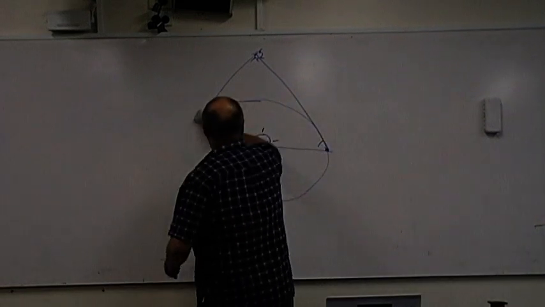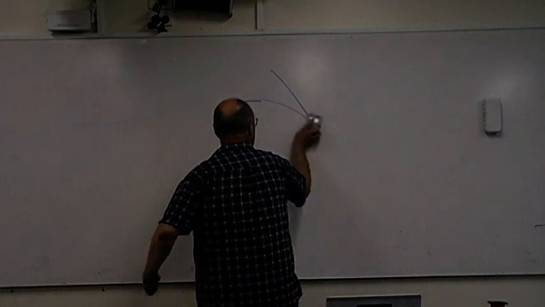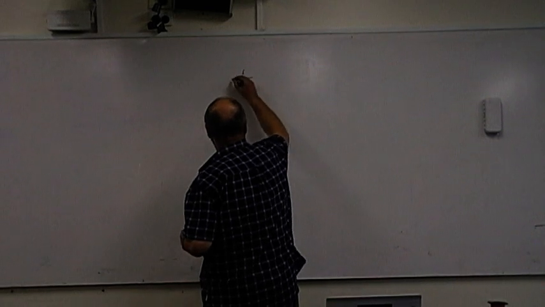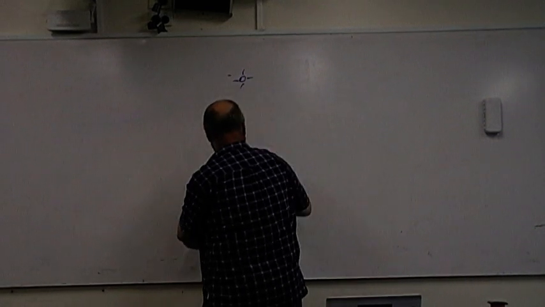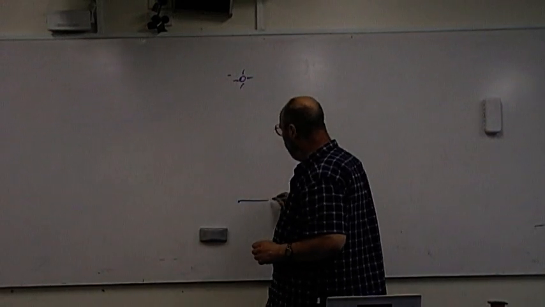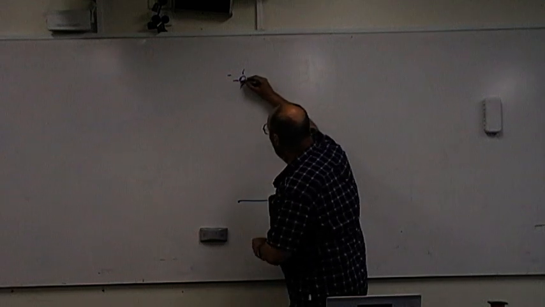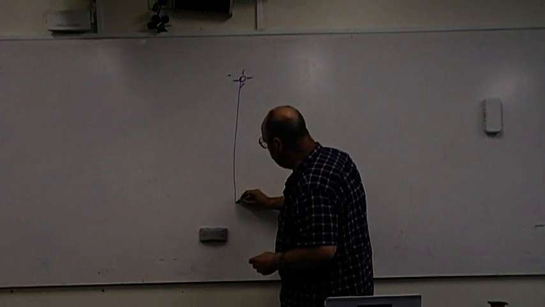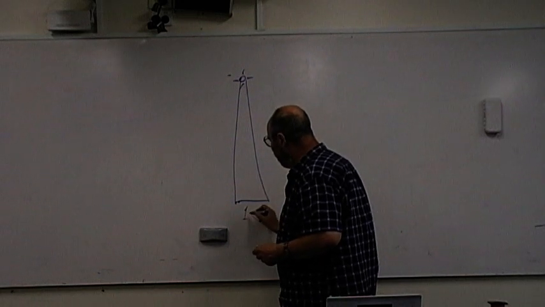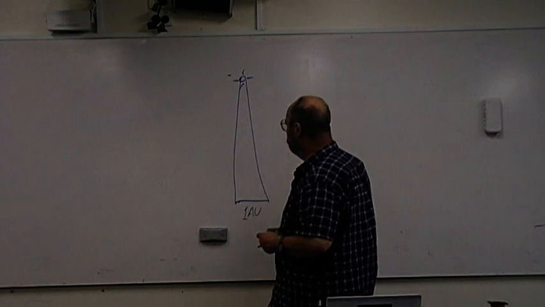And let's say this is a star, some star, and this is half of the Earth orbit. This is the radius of Earth orbit. So this is 1 astronomical unit.